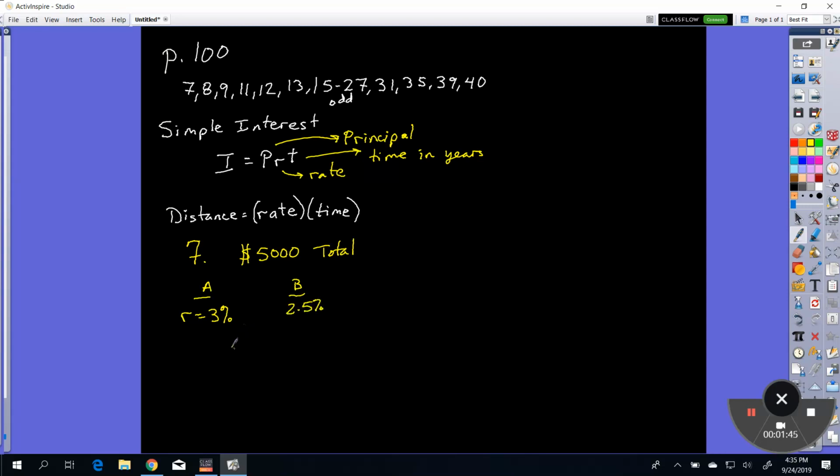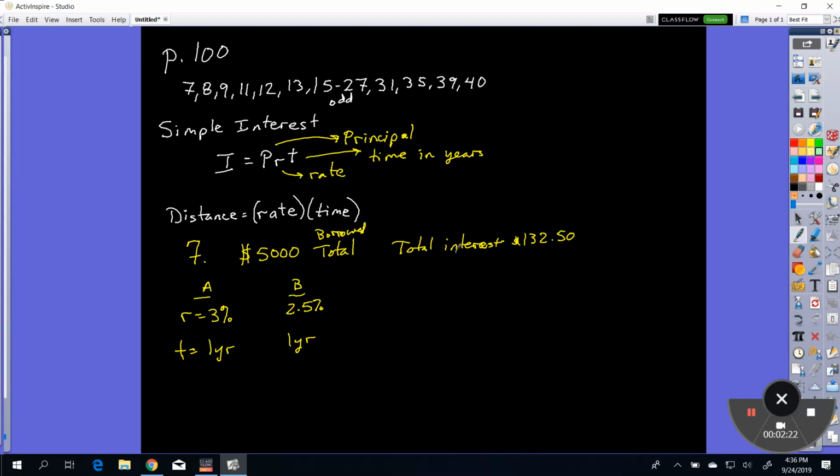The interest he owed after 1 year, so time equals 1 year on both of these, the total interest is $132.50. So this is total borrowed. Now it says determine the amount of principal for each loan.